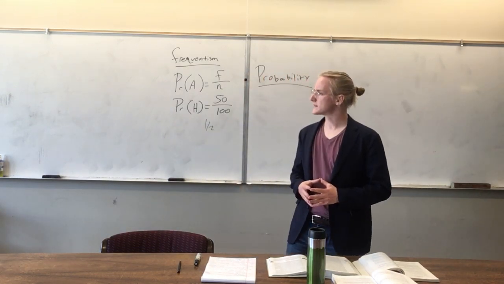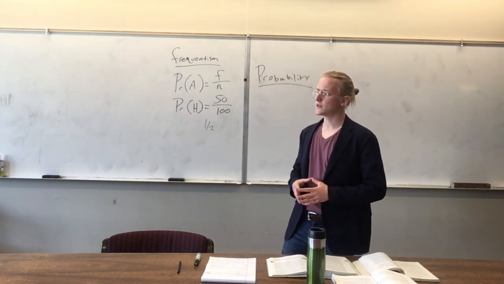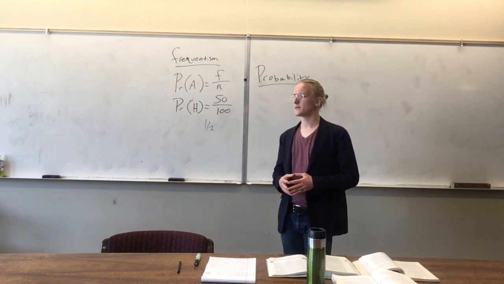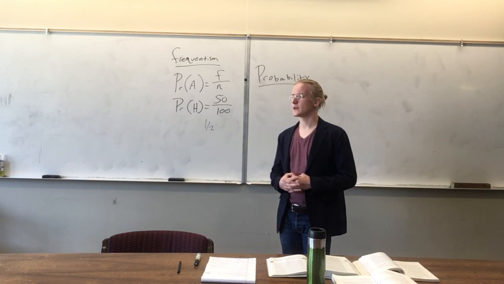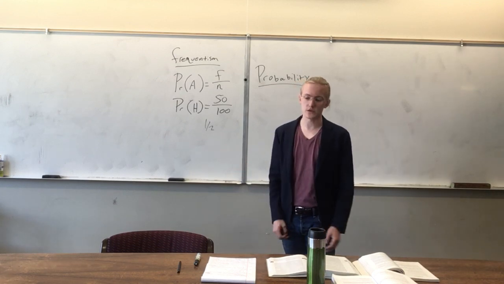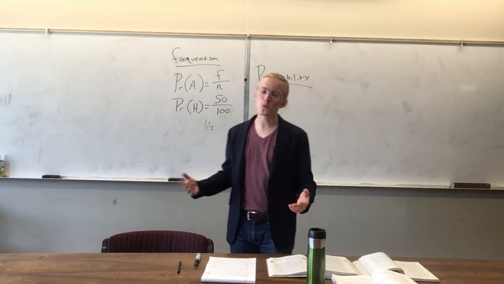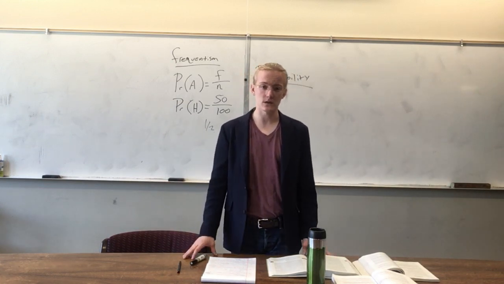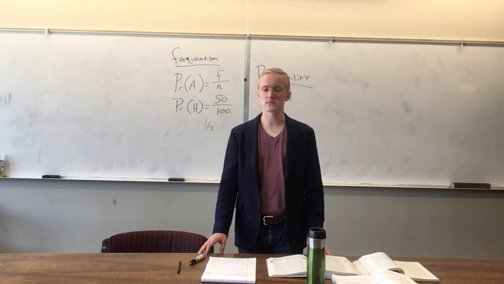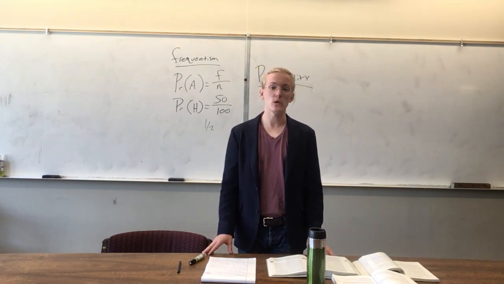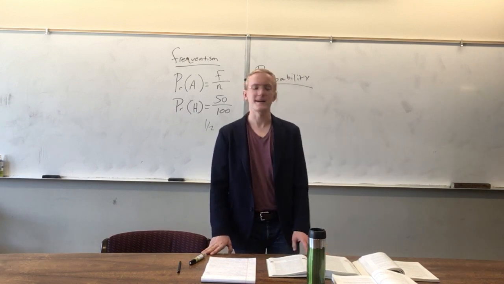So, for instance, the frequency that I draw a jack from a deck of cards in a million different draws is going to be about 1 over 52, right? Because there's 52 cards in a deck of cards. And one of those is, 4 over 52. 4 of those are jacks.